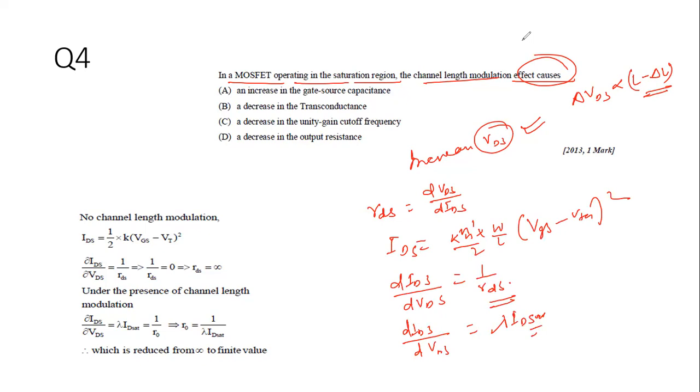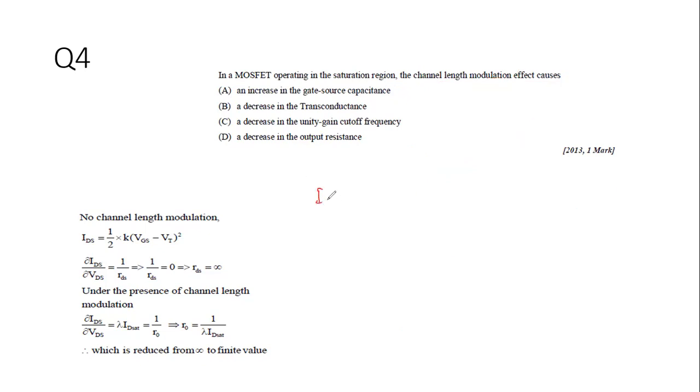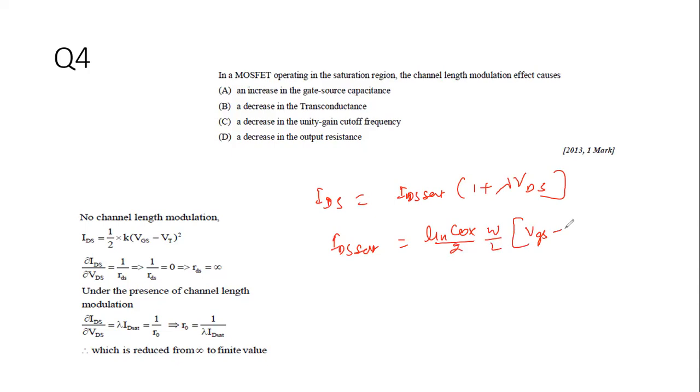How? Because the current equation becomes IDS equals IDS saturation into 1 plus lambda times VDS. What is the IDS saturation? This is mu n C oxide by 2 W by L, VGS minus VTH whole square.